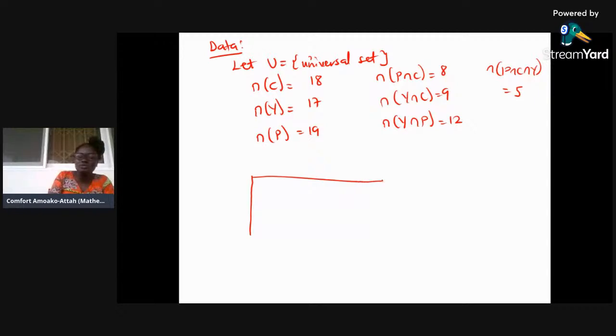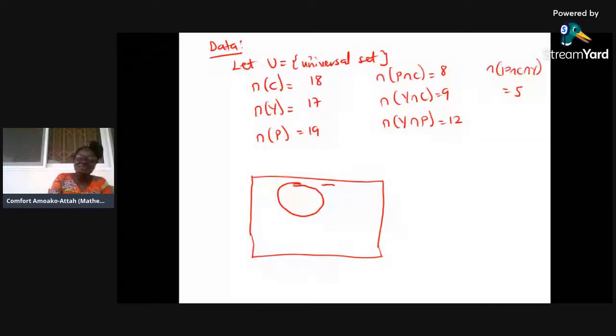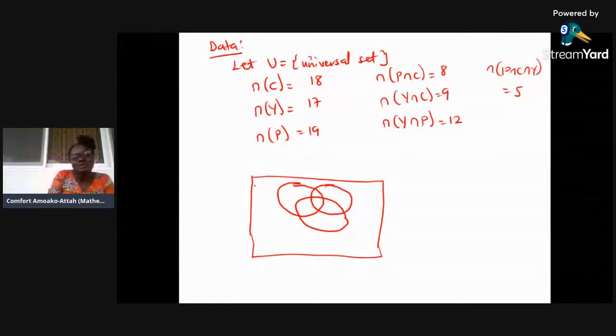So we are going to draw a Venn diagram. So this is our Venn diagram, with our 3 circles. Please draw your circle 1, 2, and 3. Good.